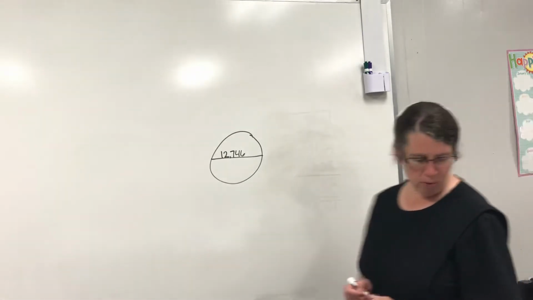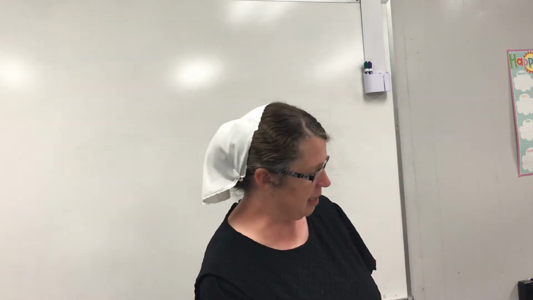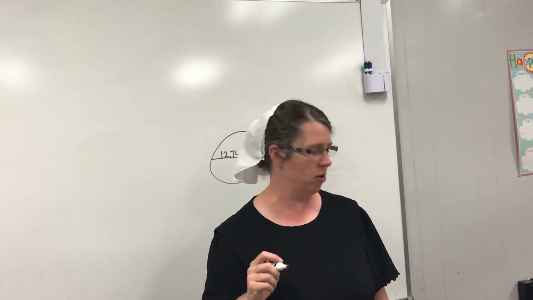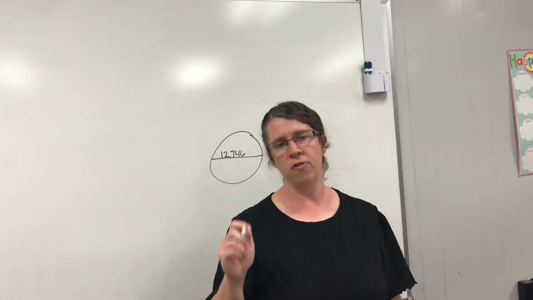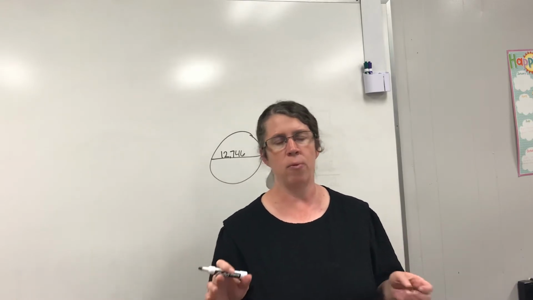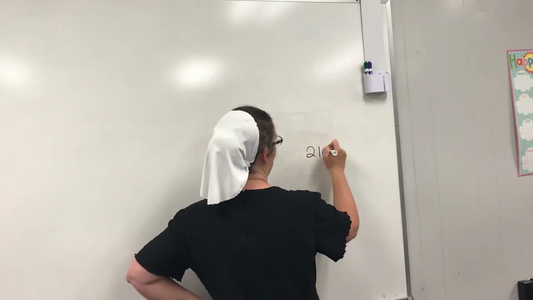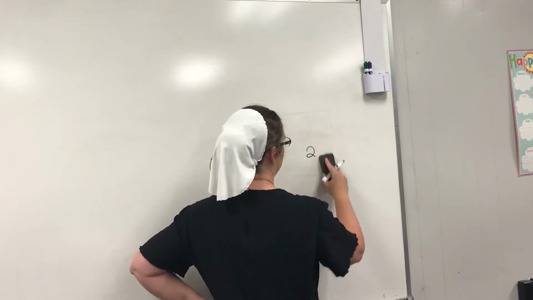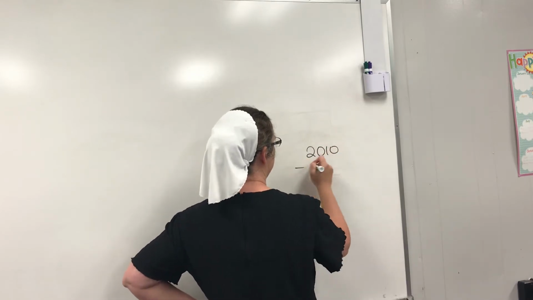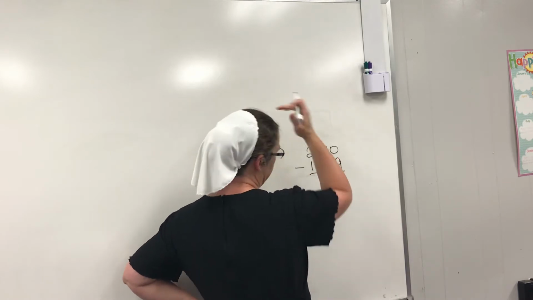All right, the first one we're going to figure out is Sally. She was born July 16th, 1999. And the date that we're supposed to figure is September 1st, 2010. They don't want us to use 2020. They want us to use 2010. She was born in 1999, so we're going to subtract 1999 from 2010.